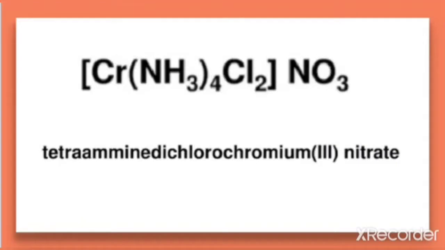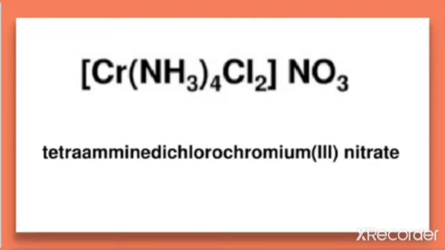Next, in this example Cr is the central metal ion. There are 2 types of ligands, NH3 and Cl, and there is a counter ion, NO3. NO3 has one negative charge, which means there should be one positive charge on the coordination sphere. So how do we name this one?